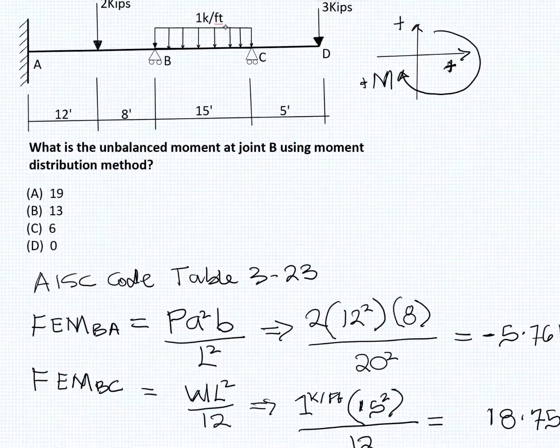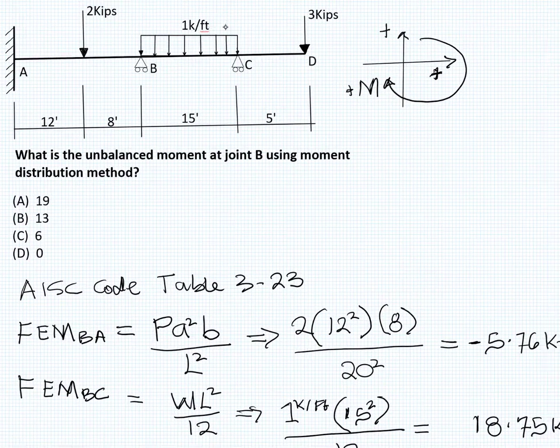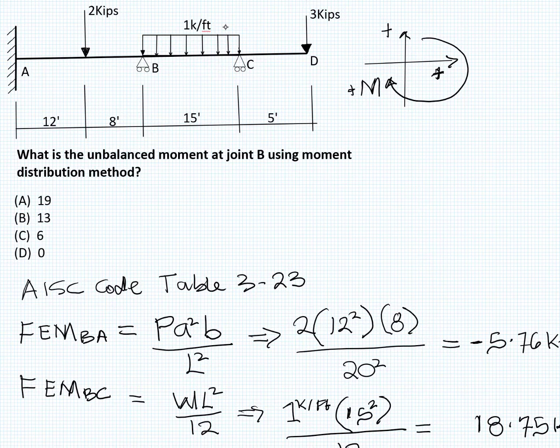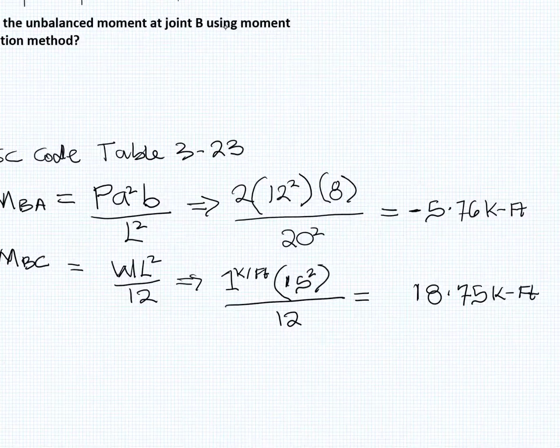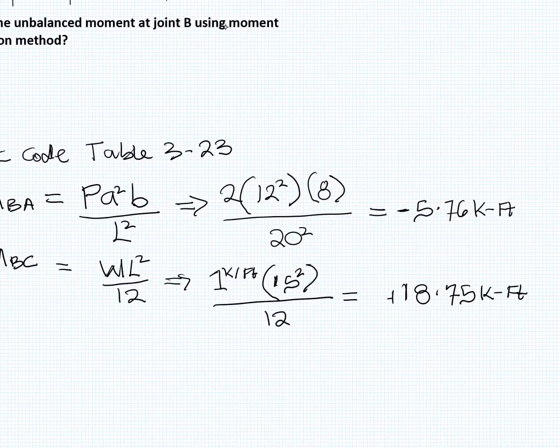Now let's check for the sign using our convention. This force will make a clockwise rotation about point B, and that aligns with our orientation, so this is positive.